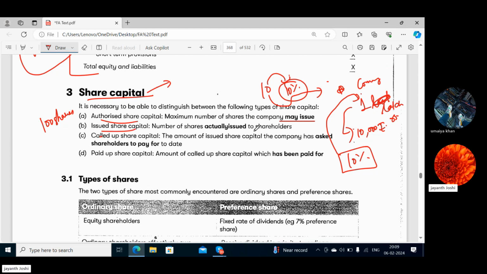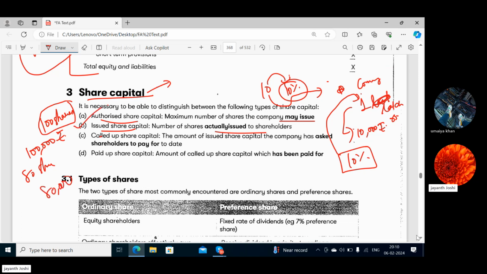Issued share capital is the number of shares actually issued to shareholders. Suppose I have an authorized capital of 1 lakh rupees, so the maximum is 100 shares, but I may issue only 80 shares. So 80,000 I'm collecting from people, and that is issued share capital.